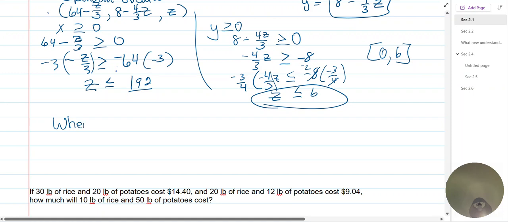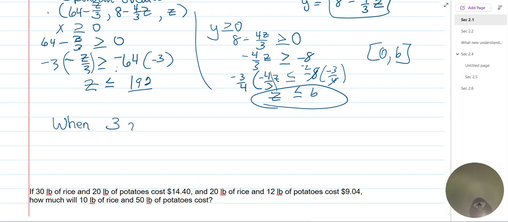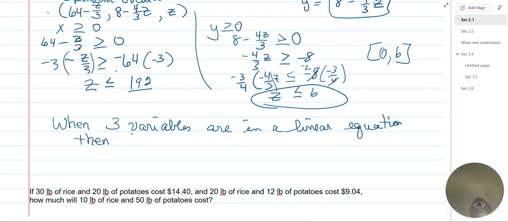When 3 variables are in a linear equation, then Z becomes the independent variable.